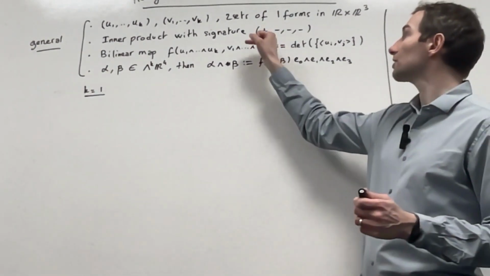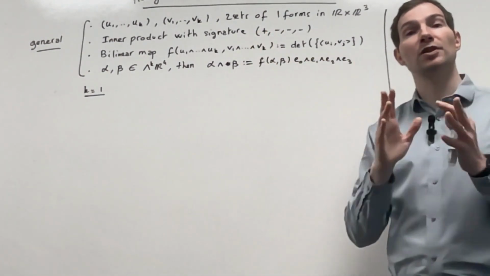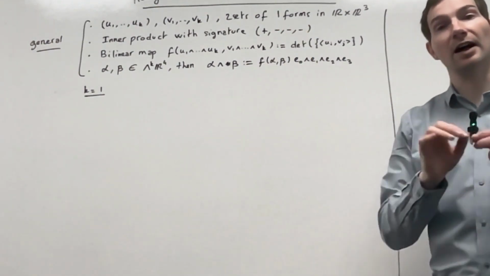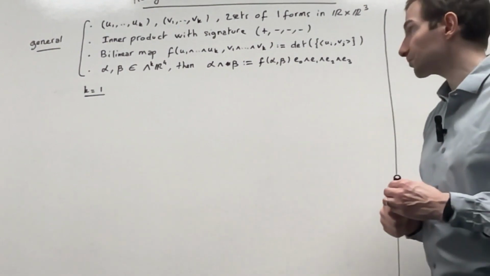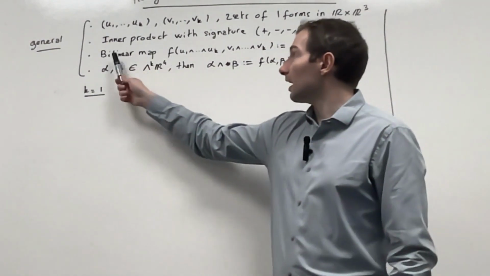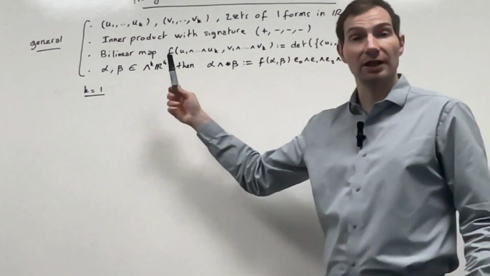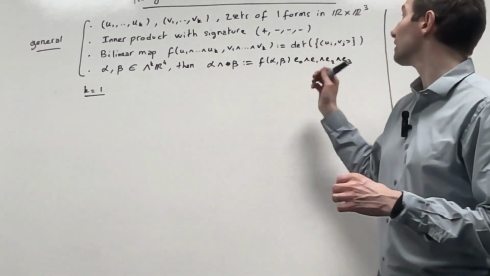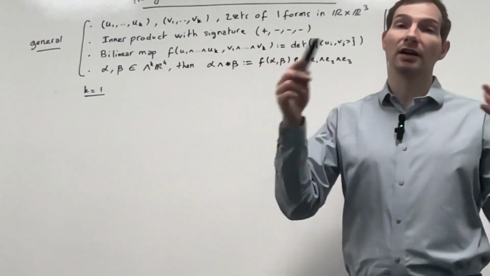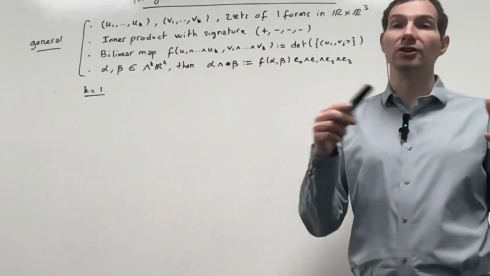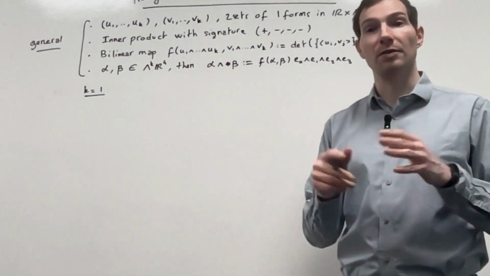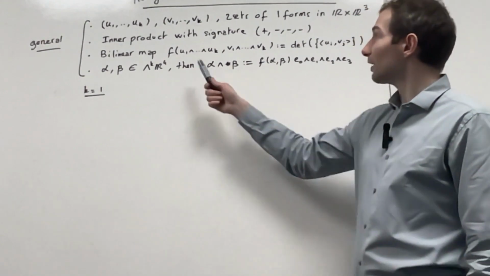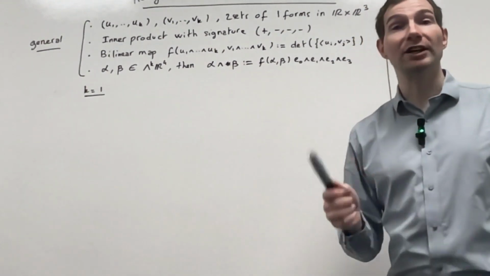So indeed, you see that there is one that is special, that has a plus sign, and there are three that are different, and they have a minus sign in front of them. And then you define a bilinear map that goes from R4, or R cross R3, into R. Okay, so that's what this form is going to be, and what it takes in is a K form.